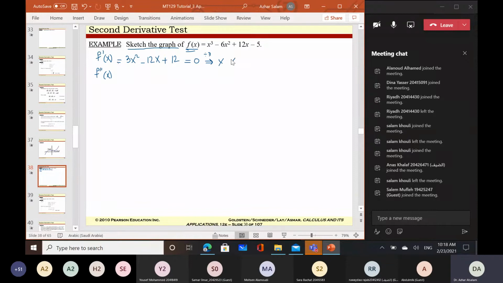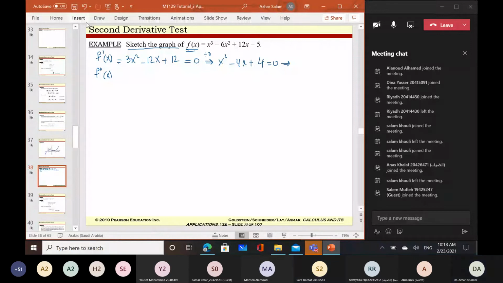It will be x squared minus 4x plus 4 equals 0. I can factorize this equation, or it cannot be factorized. Okay, I will use the formula.